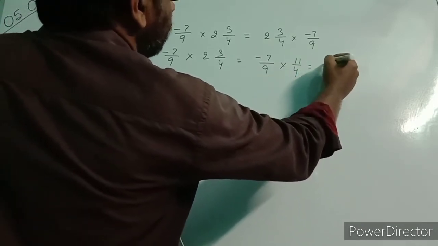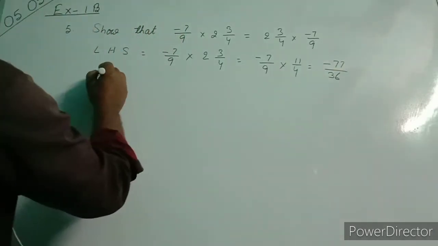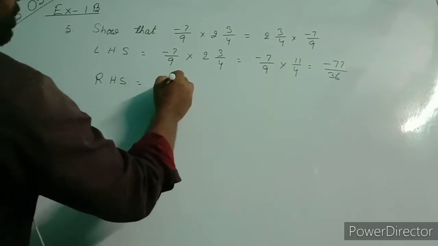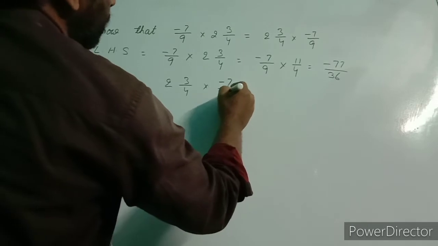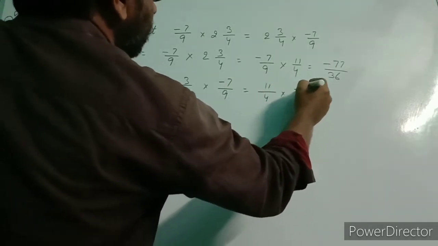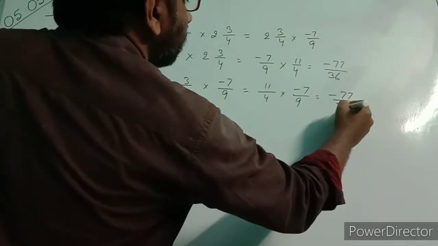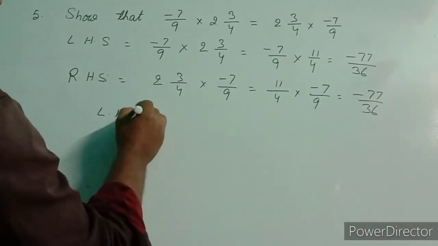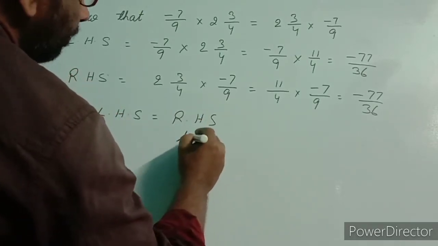This became equal to minus 77 by 36. Now take RHS equal to 2 and 3 by 4 into minus 7 by 9, equal to 11 by 4 into minus 7 by 9, equal to minus 77 by 36. LHS equals RHS. Proved.